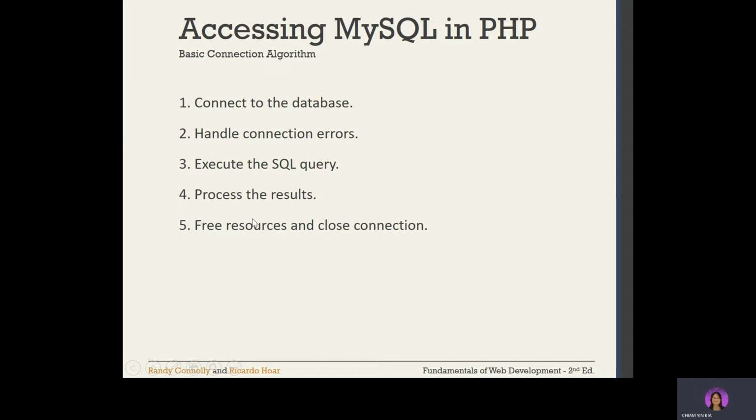So these are the 5 main steps that you need to remember when you want to use a database in PHP, and how we can access, execute and process the data retrieved from the database.